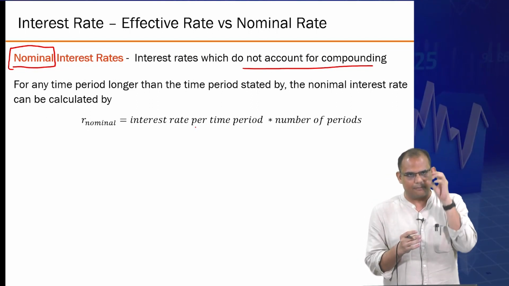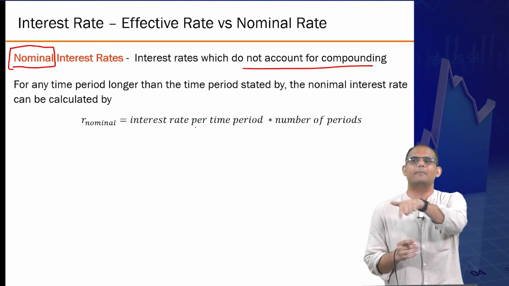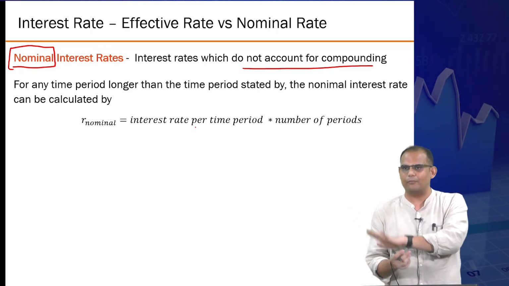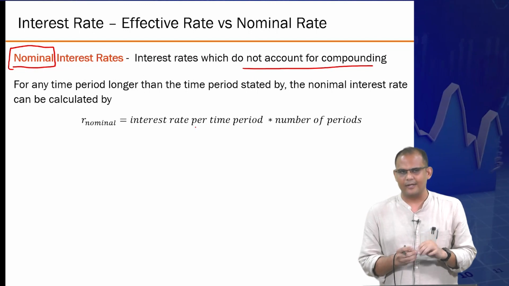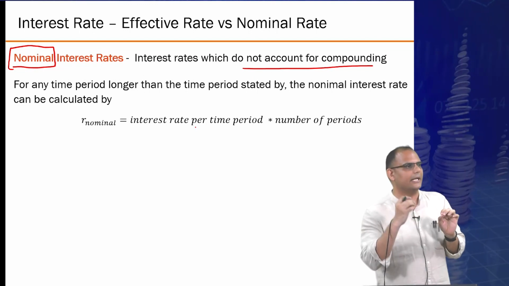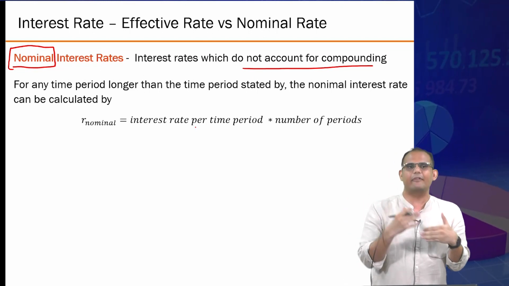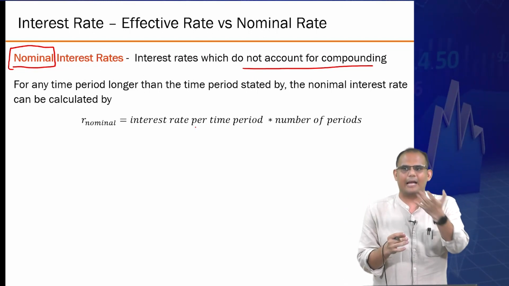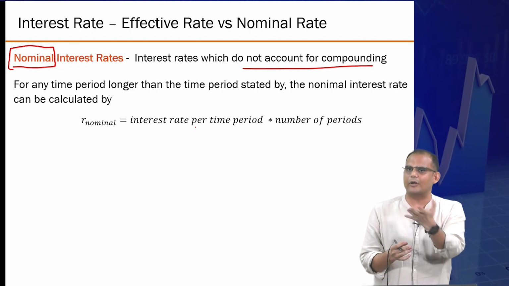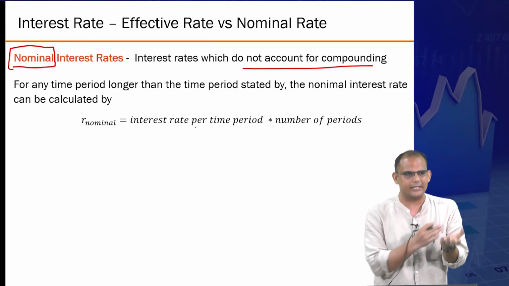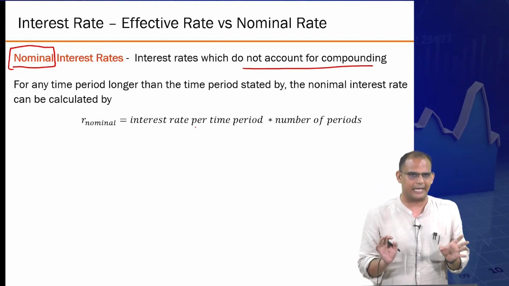If compounding is happening monthly, you cannot simply multiply by 12. There will be another formula which we will deal with later, right? But for nominal interest rate, you can simply multiply by the minimum unit to get any other unit, or you can divide further. For example, if I give you a yearly rate and ask for the nominal monthly rate, you simply divide the rate by 12, okay?